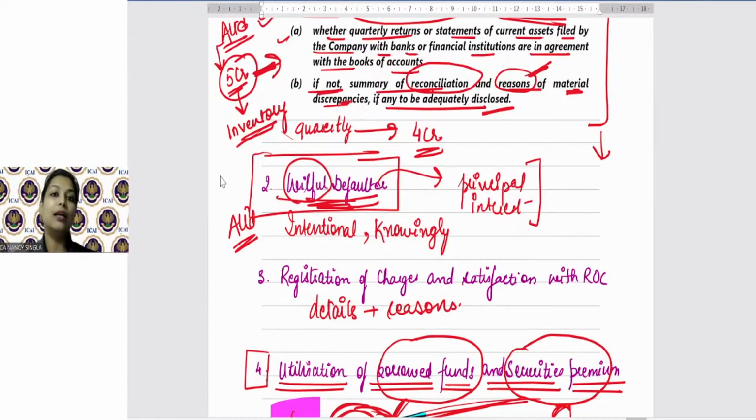And bank, as per RBI guidelines, bank can declare such company as what? Willful defaulter. है ना? तो कंपनी को खुद से बताना है कि द कंपनी हैज बीन डिक्लेयर्ड बाय सो एंड सो बैंक एज अ विलफुल डिफॉल्टर. सो द डेट शैल बी गिवन कि किस डेट से आपको विलफुल डिफॉल्टर डिक्लेयर किया है, एंड द डिटेल्स ऑफ द डिफॉल्ट. ठीक है ज्योति, इज इट क्लियर?